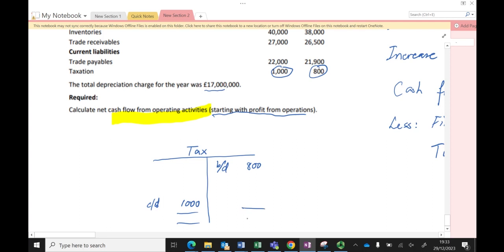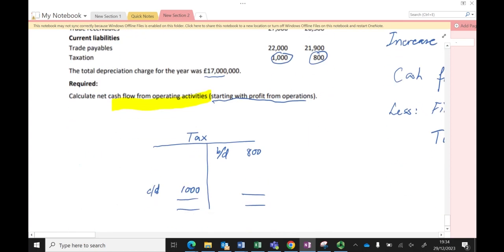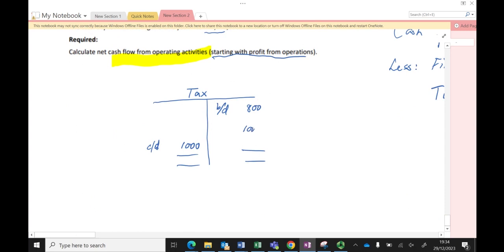Looking at the income statement, I can see that this is the tax that has been recorded in the income statement as an expense. So the double entry for this is income statement is debit and tax account is credit, which is 1,000. So I'm going to record 1,000 over here.